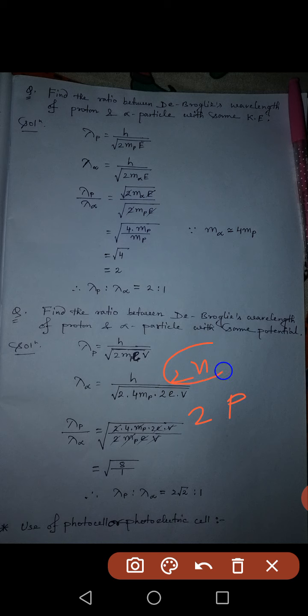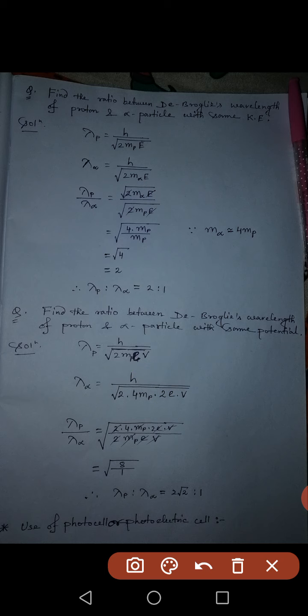Neutron has no charge, so it will not contribute to charge, but proton has a charge. How many protons do we have in alpha particle? 2 protons. So what is the charge of alpha particle? 2e. The charge of one proton I have considered as e, so the charge of alpha particle, where we have 2 protons, will be 2e, and V will remain as it is because it is given same potential.